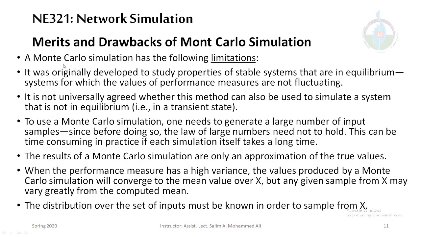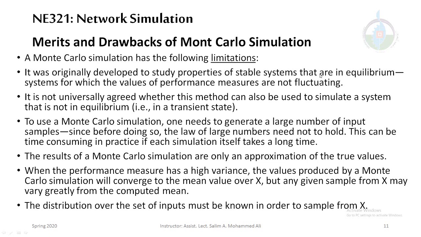Although Monte Carlo simulation is very important and very useful, it has its own limitations. It was originally developed to study properties of stable systems that are in equilibrium, in which the values of performance measures are not fluctuating. This is a step we have to think about.